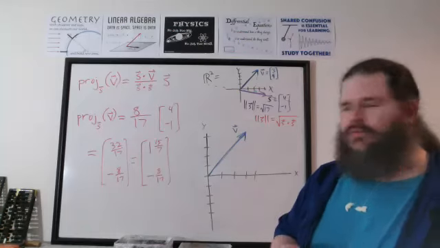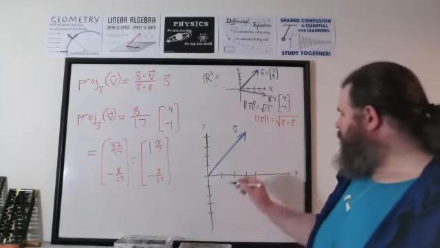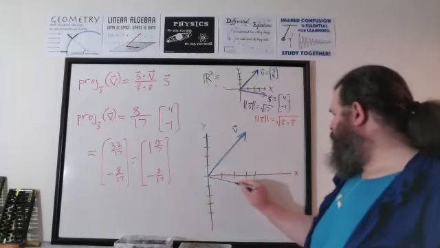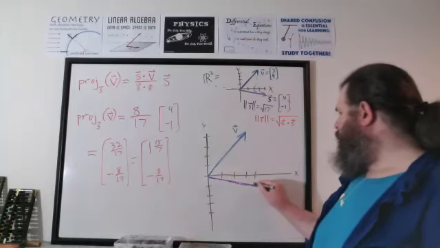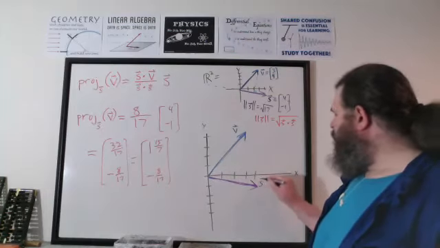Our original vector s was 4, -1. And remember, the size of vector s doesn't matter.